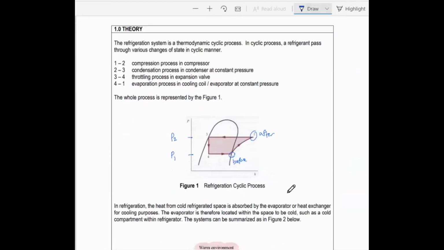In the refrigeration, the heat from the cold refrigerated space is absorbed by the evaporator or heat exchanger for cooling purposes. This evaporator is located within the space to be cooled, such as a cool compartment within the refrigerator.